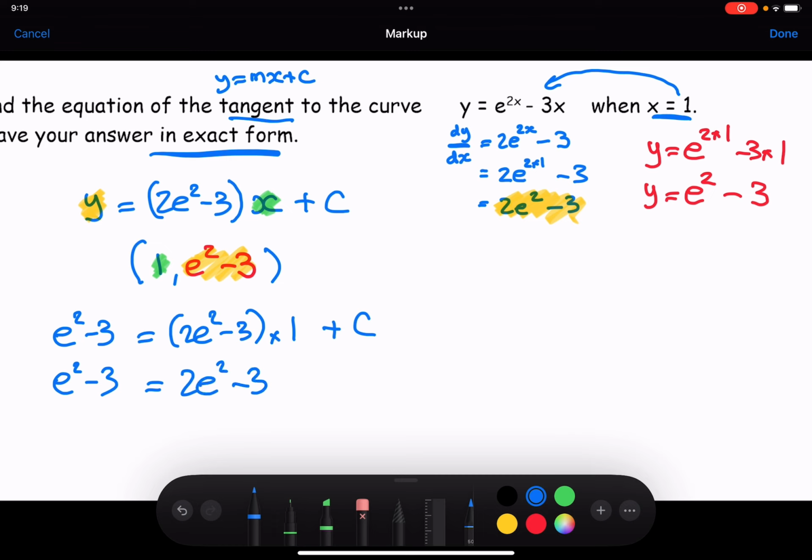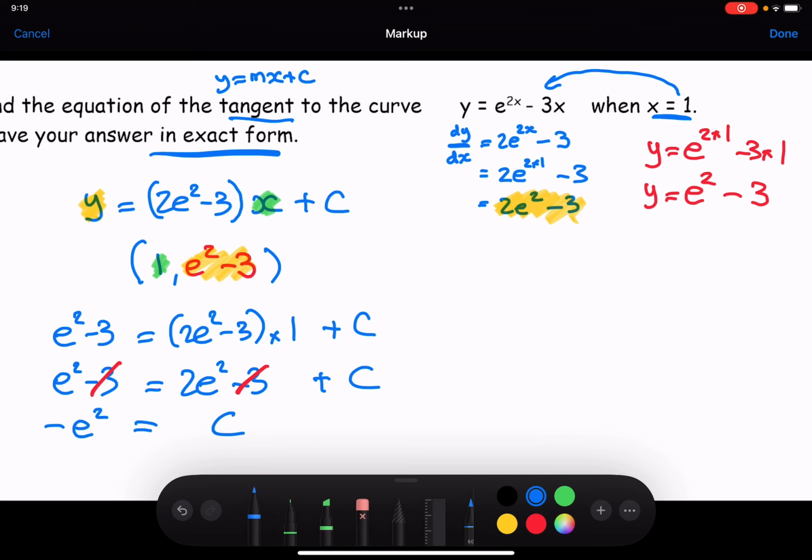So 2e squared minus 3 times 1 is just going to be 2e squared minus 3. I'm now going to add 3 to both sides, which will cancel those out. And then if I subtract 2e squared from both sides, e squared minus 2e squared is minus e squared.